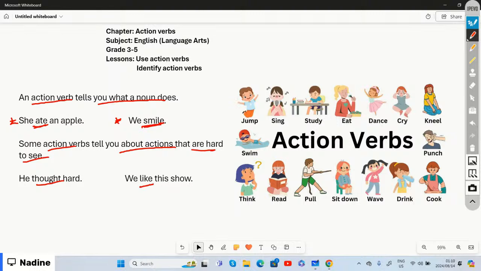So, which means that our action verbs tell us what somebody is doing, and it can either be something physical or actions that are hard to see. Something that is hard to see is the word thought or to think, and like.